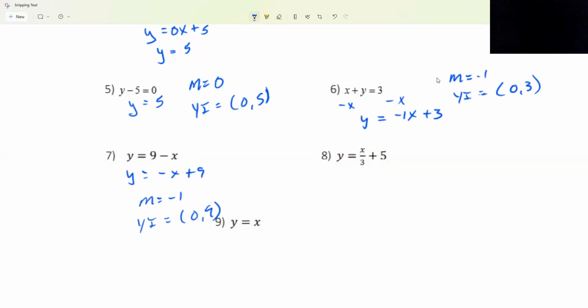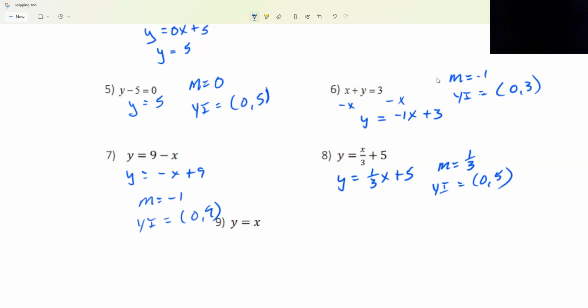All right. Over here, remember, when you have x over 3, that's the same as me writing 1/3 x plus 5. So my slope here is 1/3. Okay. And my intercept is (0, 5). Okay.